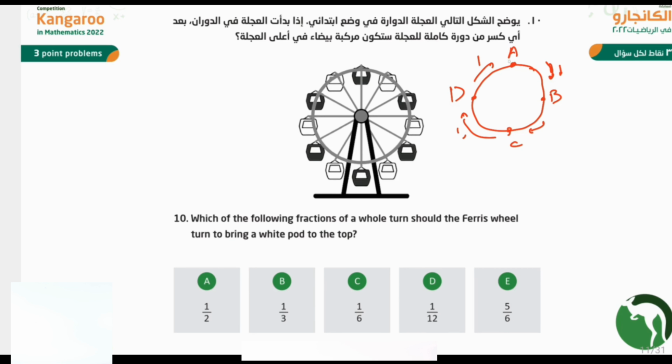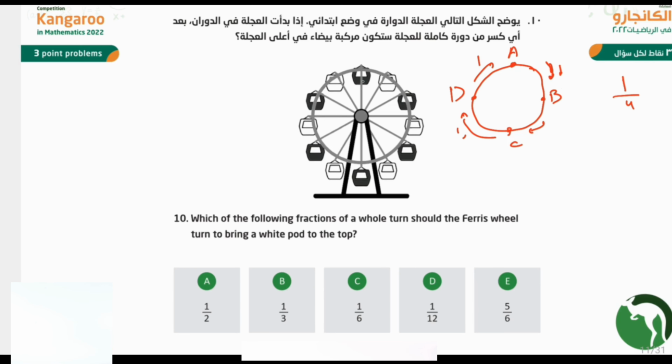So to complete one cycle, it needs 4 movements. So for each one of the movements we have 1 out of 4. So here because we have just 4 points and 4 movements, we have 1 over 4 for each one of the movements.